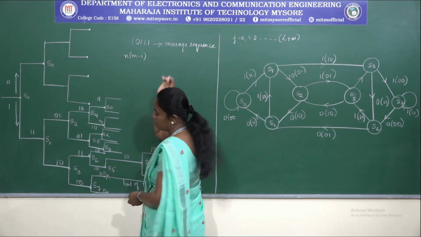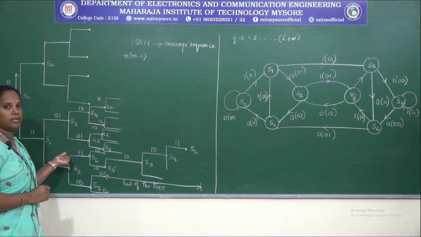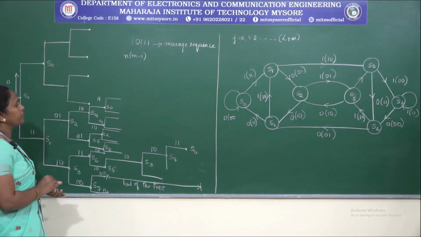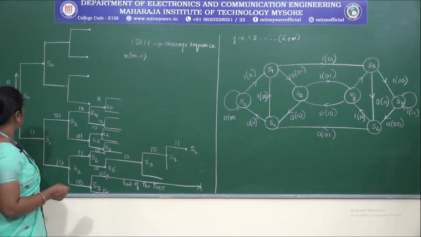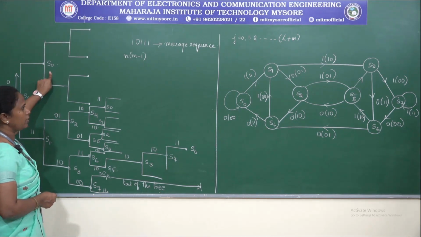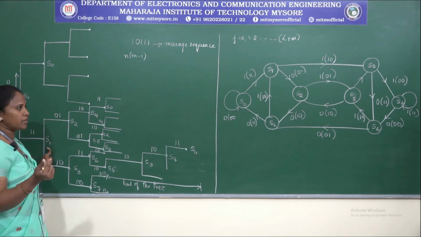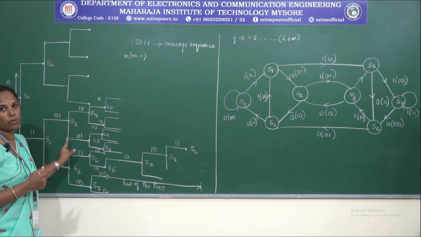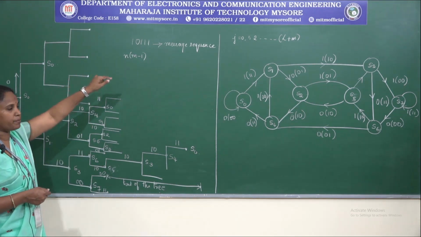So now, looking into the state diagram, we are going to write the code tree. We are starting from S0, the initial state, with input 0 and input 1. If the input is 0, it goes to the S0 state. If the input is 1, it goes to the S1 state. I told in the previous class also how we are going to write this code tree. Now the given message sequence is 10111.